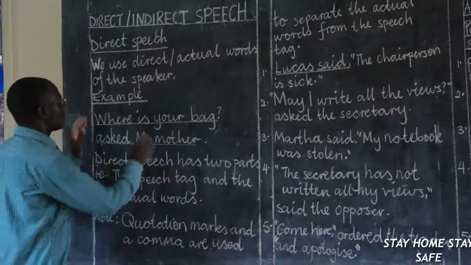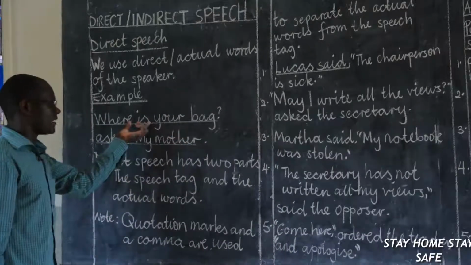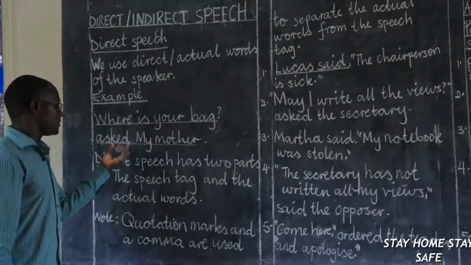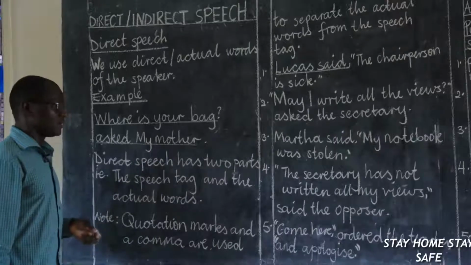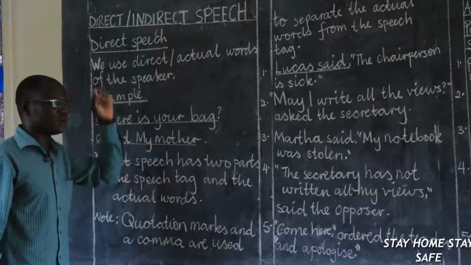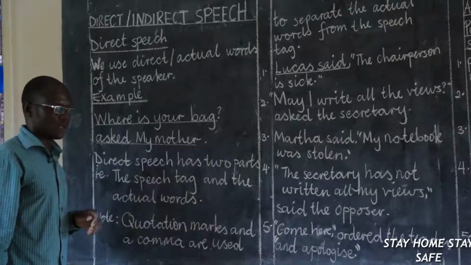In other words, you can call them tags. The first tag is called the actual words, and the second tag is called the speech tag. The speech tag is your words you are using to speak somebody's words in a direct way.